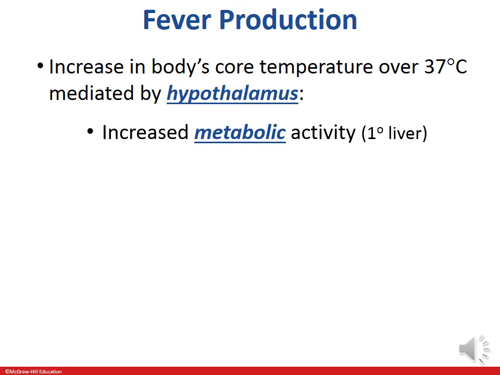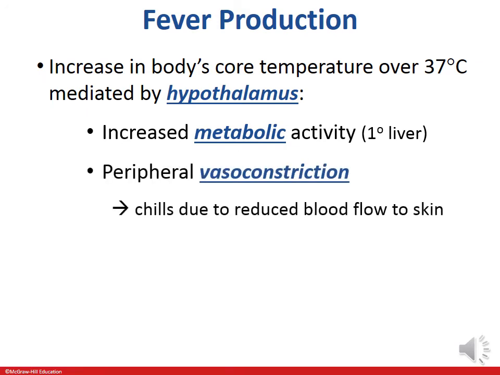And really, it's the core of the body that gets warmer, because the other thing that's going to happen is it's going to cause the peripheral blood vessels to vasoconstrict. By constricting peripheral vessels, it will force all the blood to the core of the body, which is how you get a higher core temperature.